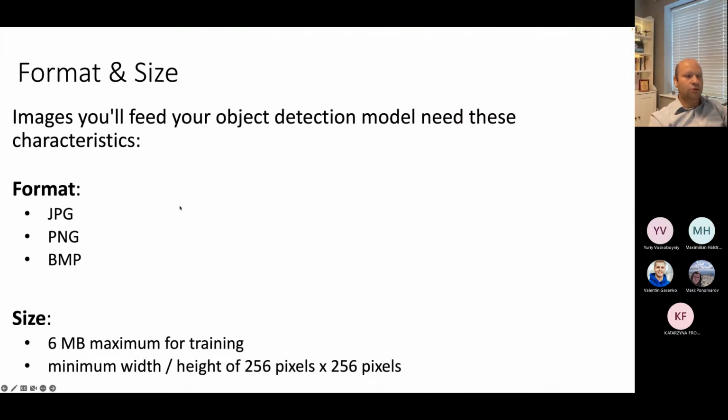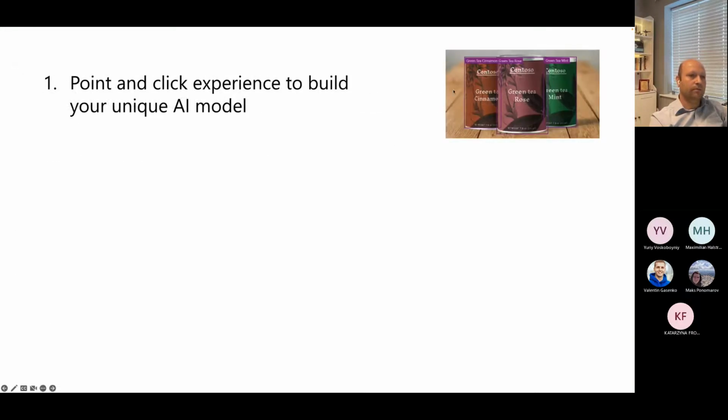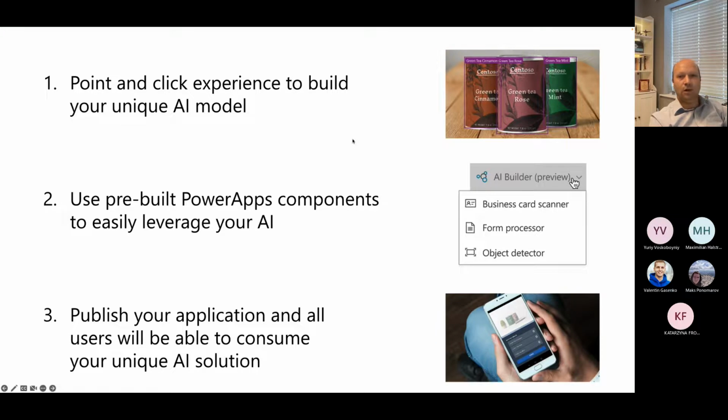Basically, you can give JPEG, PNG, and BMP data, and there is some size and pixel information here. Of course, background lighting, object size, and camera angle should be fine. Otherwise, AI Builder will not recognize these items as usual. If we use these kinds of images, you can see with AI Builder that we are able to identify all these objects, and then we can use this AI Builder model in our real-life solution like here.